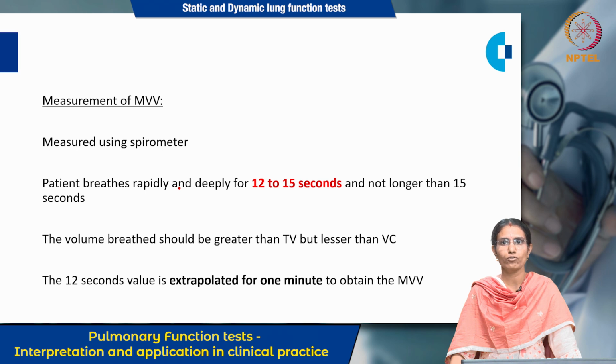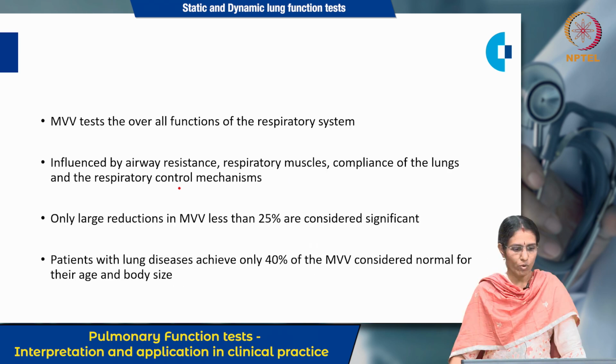It shouldn't be longer than 15 seconds because hyperventilation could be dangerous. Usually it is done for 12 seconds, and this 12 second value is extrapolated to 1 minute to obtain the maximum voluntary ventilation.